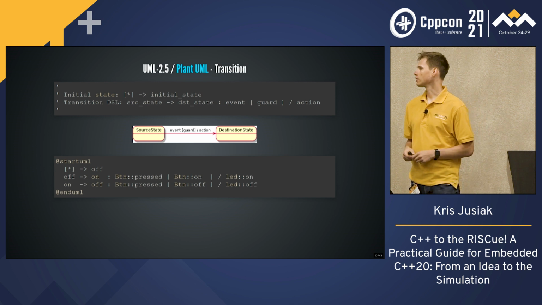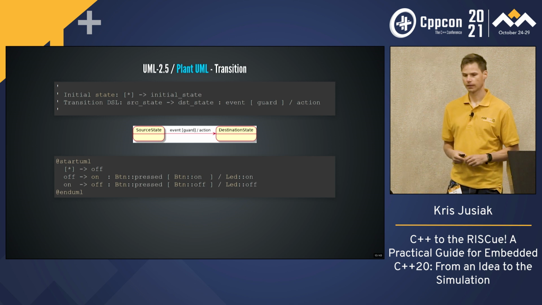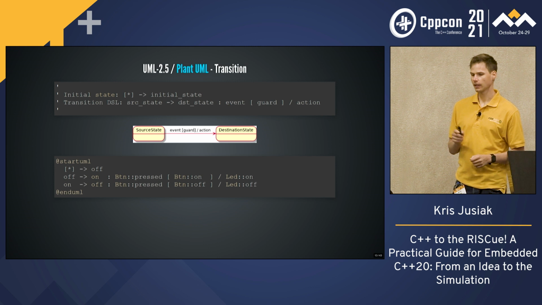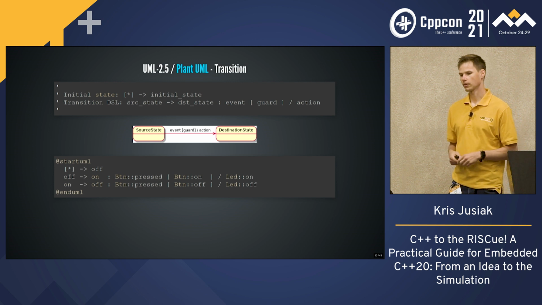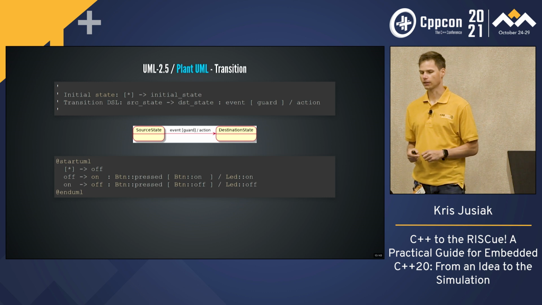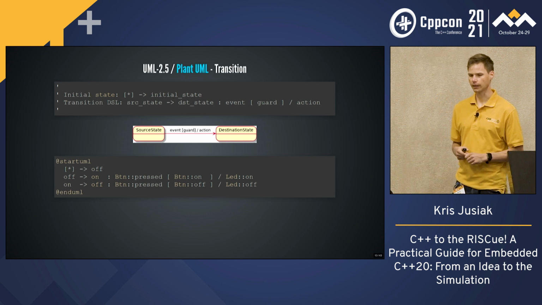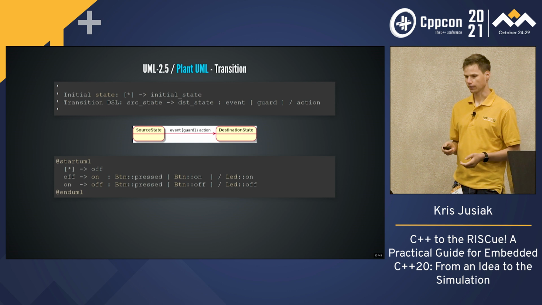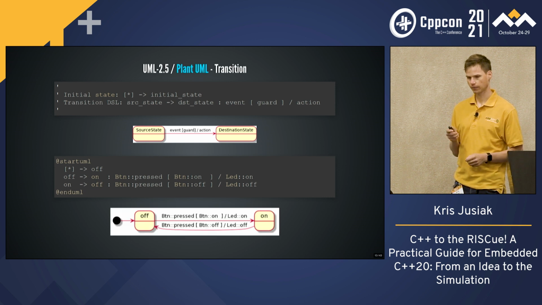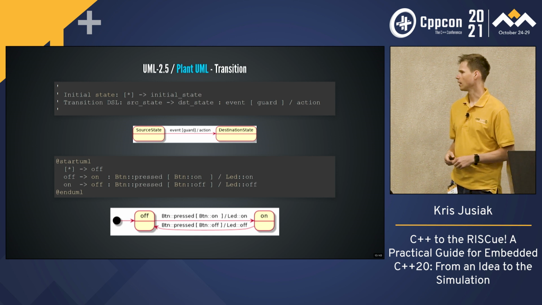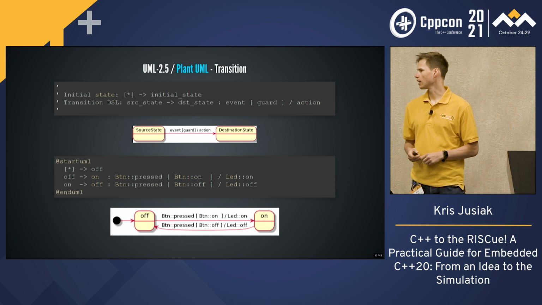We turn on the LED and change the state to on. And when we're in the on state and the button is pressed and the button is off, we'll turn off the LED and go to off. Otherwise, we won't do anything. Make sense? So that's the state machine generated.